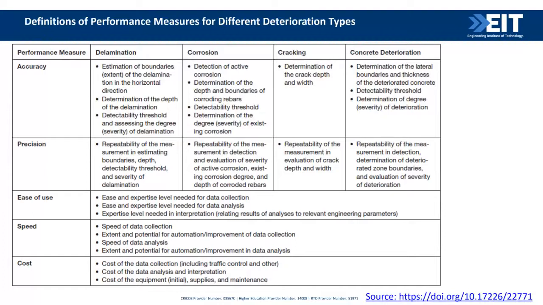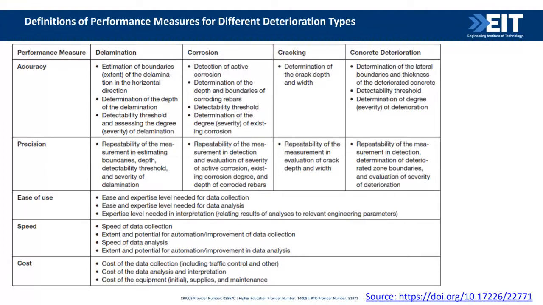If you look into each type of deterioration, you have some guidance to follow. Precision, repeatability, and the measurement, and what type of estimation we are doing here. We need to have accurate measurement in terms of the depth, how it's possible to detect delamination, right? And the severity of delamination.